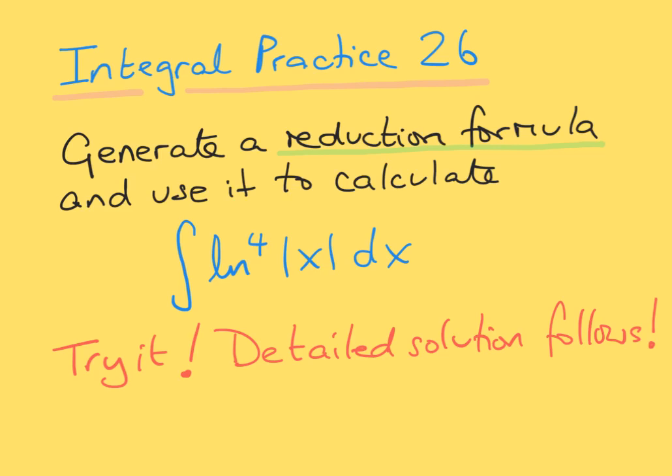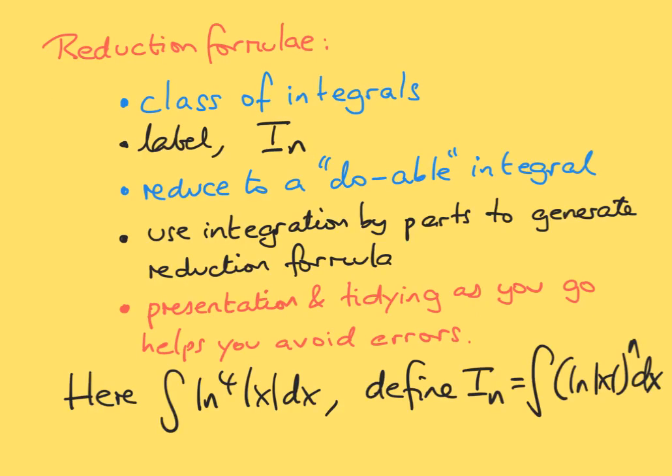Okay, welcome back. Let's look at what a reduction formula is and then calculate this particular one that we need. So very quickly here, I want to rehearse what a reduction formula is. The idea is that faced with a particular integral, we can generalize the problem to a class of integrals.